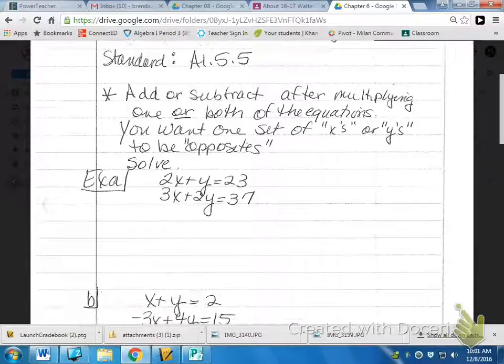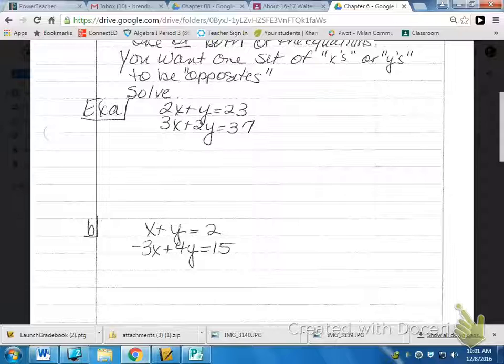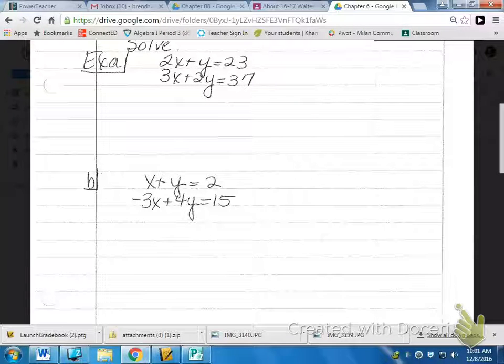So let me explain. Our first example, 2x plus y equals 23, and 3x plus 2y equals 37. So what you're going to do is you definitely want to get by with the least amount of multiplication as you can. So if you can get by with just 1, then you definitely should just go with 1.